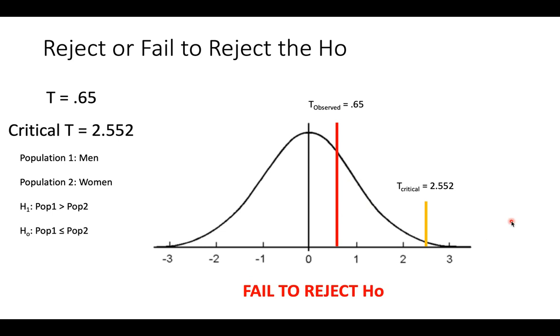They are not convincing enough. And so we retain or fail to reject the null. So what we have is a not significant difference. We are going to conclude that men and women are equal, or that men do not have higher resting heart rates than women do.